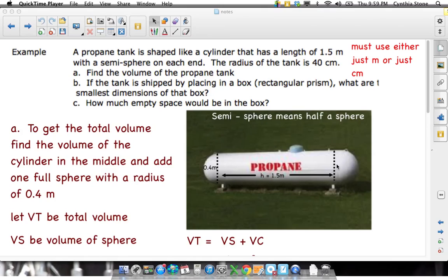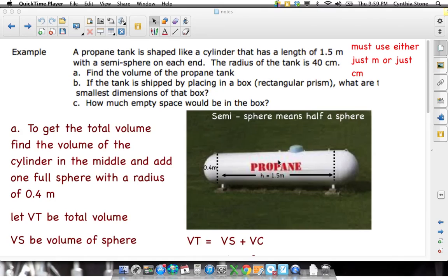Imagine that, because it's drawn on an angle, it's not head on, but this half is the exact same size as this half. It says it has a semi-sphere on each end. That's because this plus this will be one full sphere. And then you've got a cylinder in the middle.